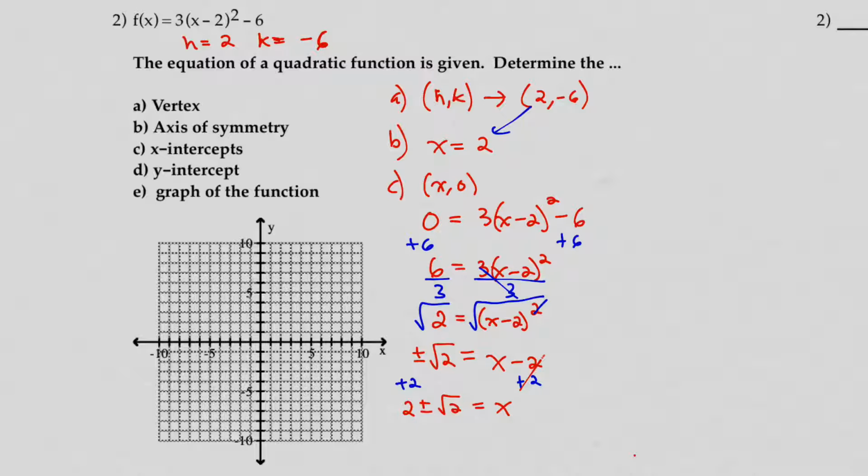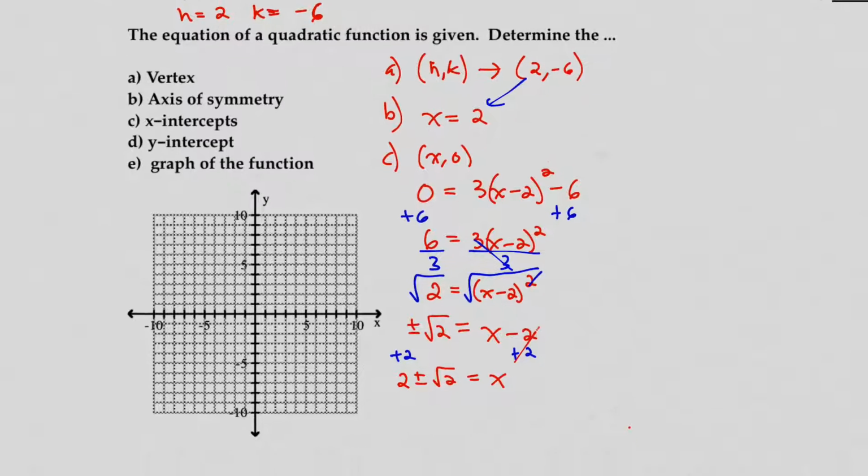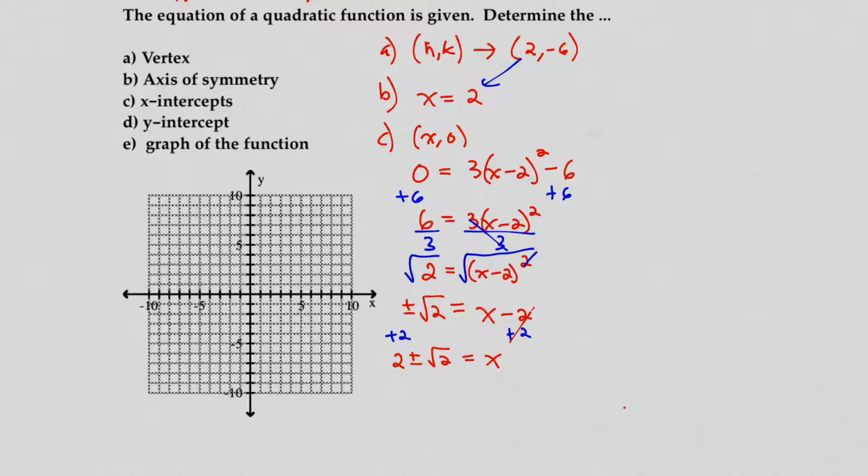Okay, but since we do want to graph this eventually, we do want to know what the x-intercepts are. Still, we want to take it a step further and get the decimal format of that. So 2 plus square root of 2. Square root of 2 is about 1 point something, so that's going to be 3.4.